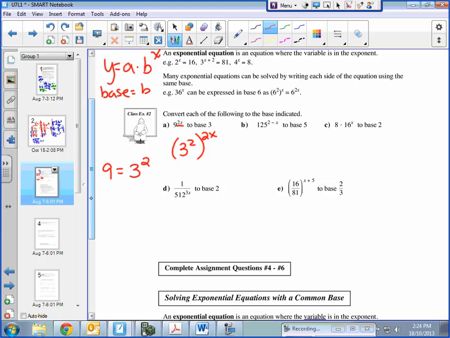If I have a power of a power, what should I do to those exponents? Multiply. I think you guys have these exponent laws. I think we went through them last unit. Let me put down the page number. Holy smokes, that was a long unit. 191.